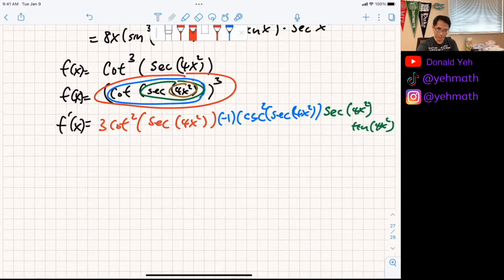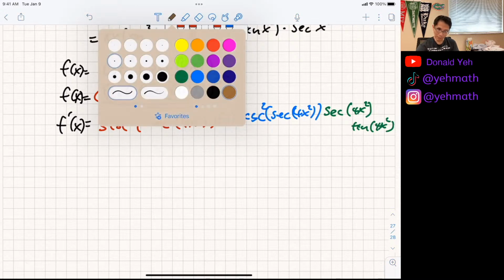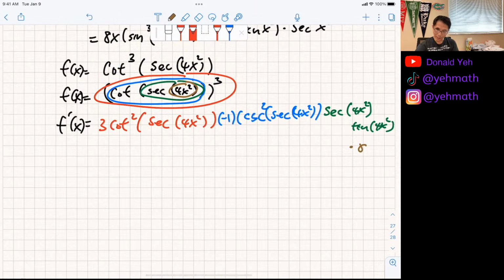Now finally, if I'm taking the derivative of the last part, which is the brown part, it's going to be 8x. So I can multiply everything together. It'll be 8x times 1 times negative 3, so it'll be negative 24x.